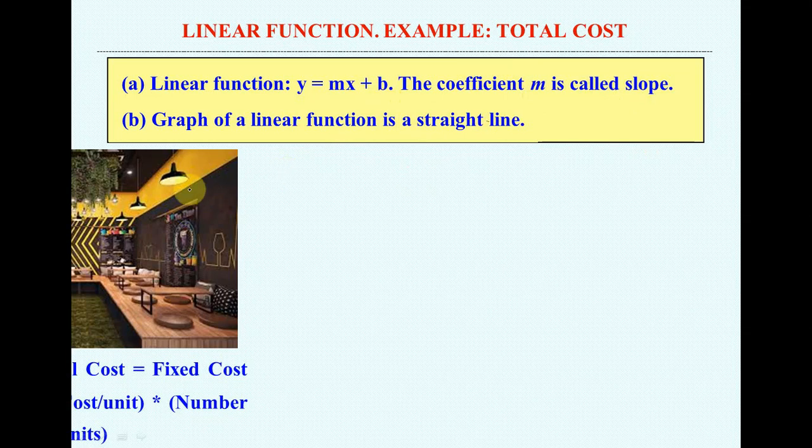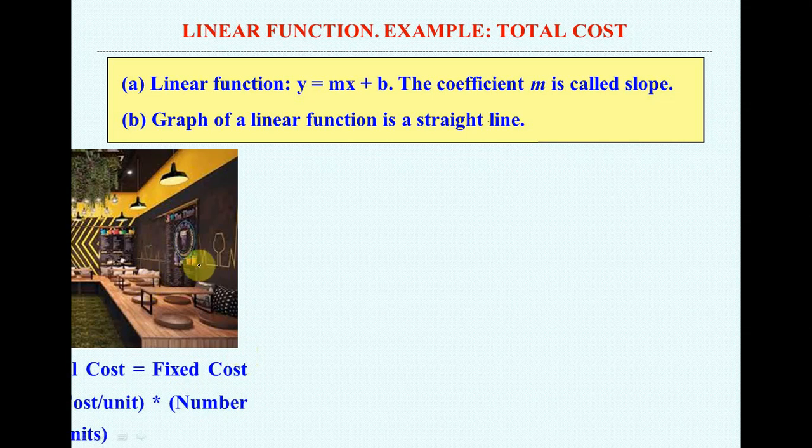In a lot of economic situations, we meet linear functions. For example, if we open one smoothie shop, the cost of that shop will consist of 2 sections. First, fixed cost, sometimes we say overhead, some constant related to rent, design, furniture, or salary.